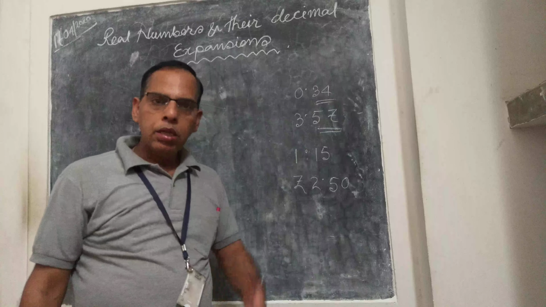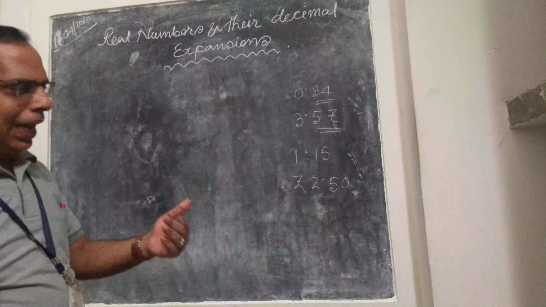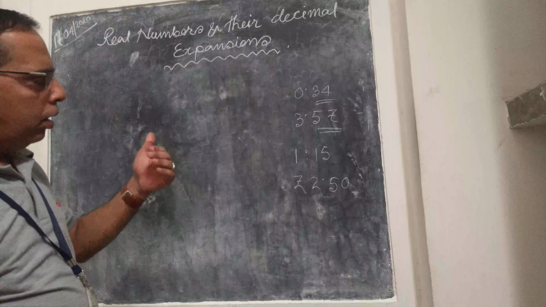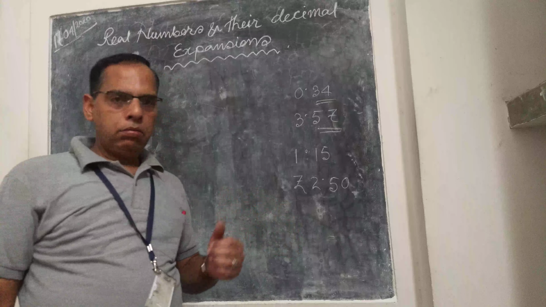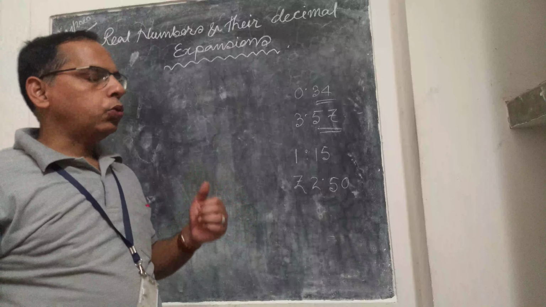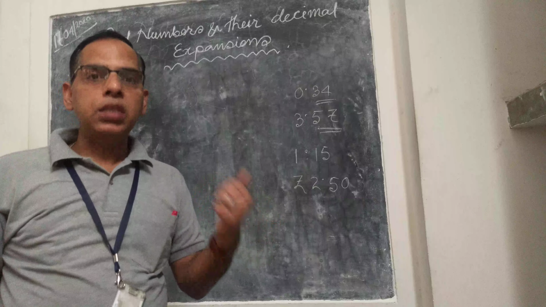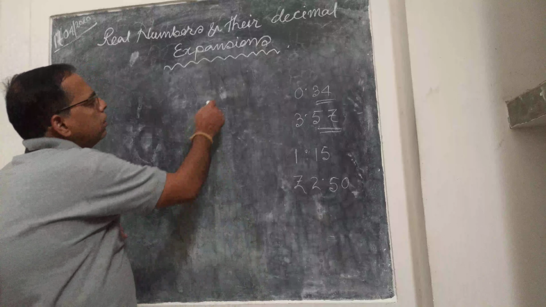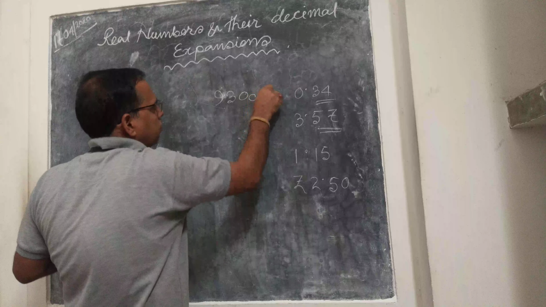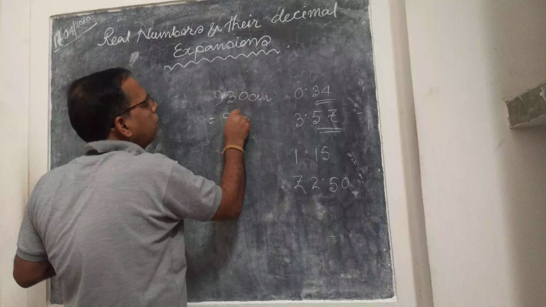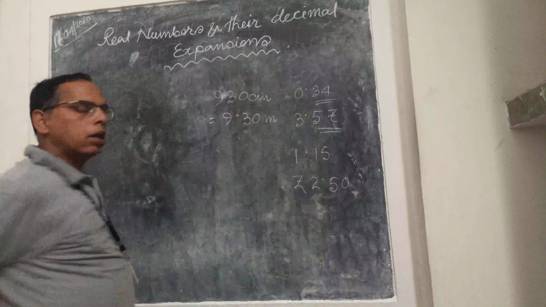Suppose I ask you the length of a desk or a scale, and ask you to express it in meters, suppose it is 930 centimeter, then what will it be? 9.30 meter.